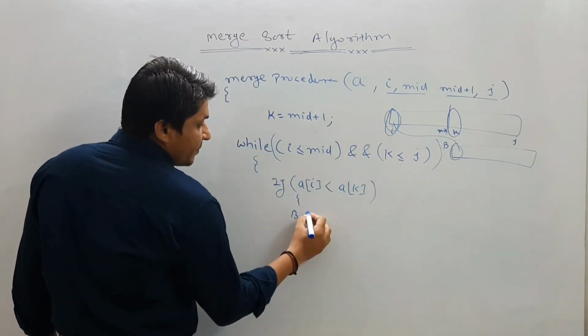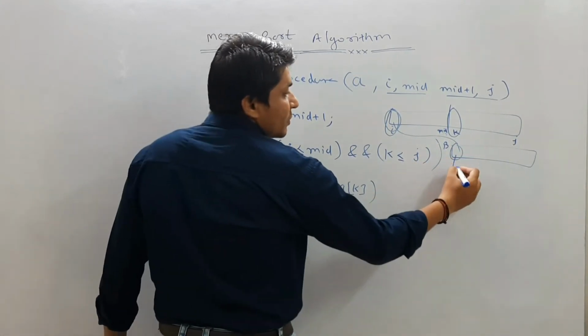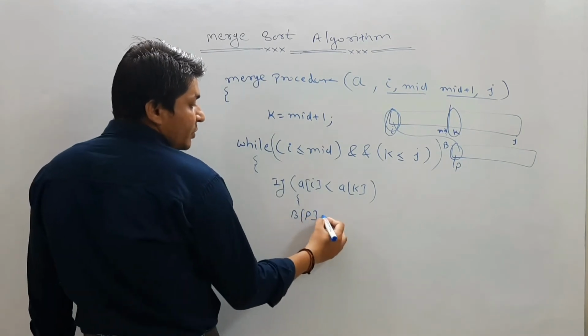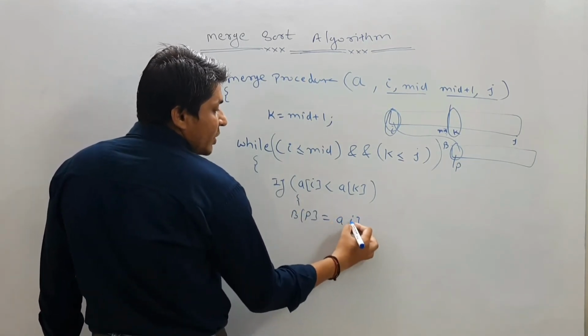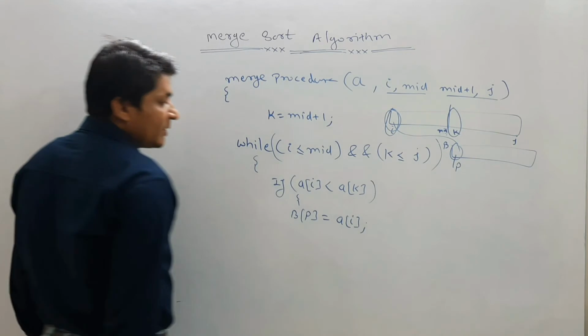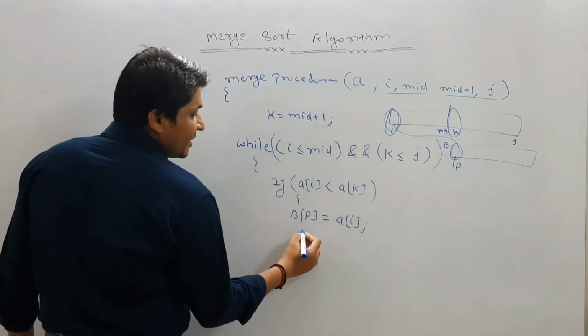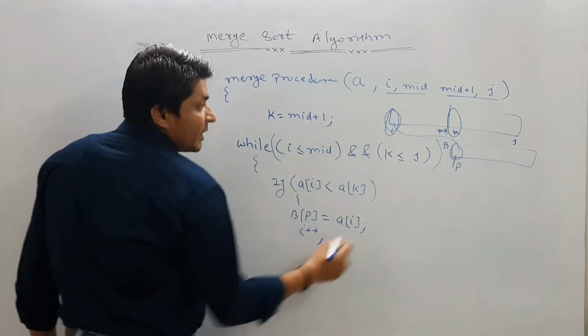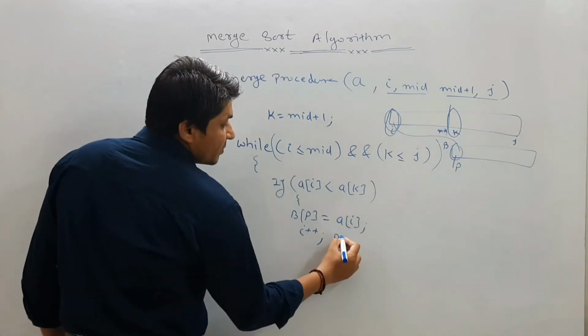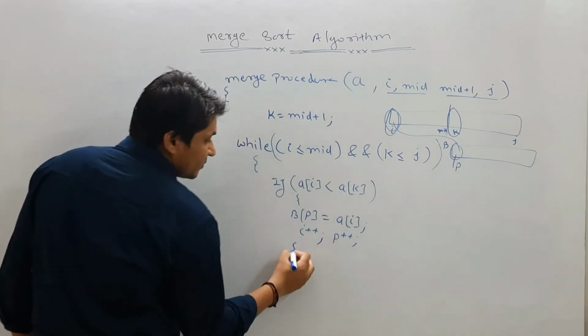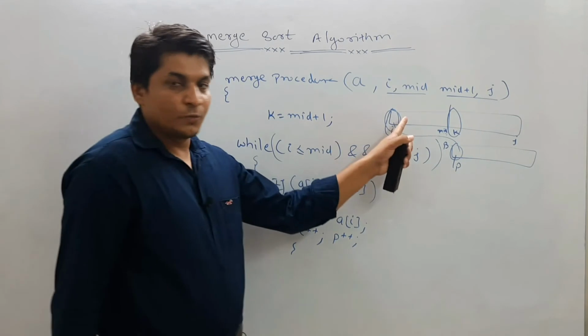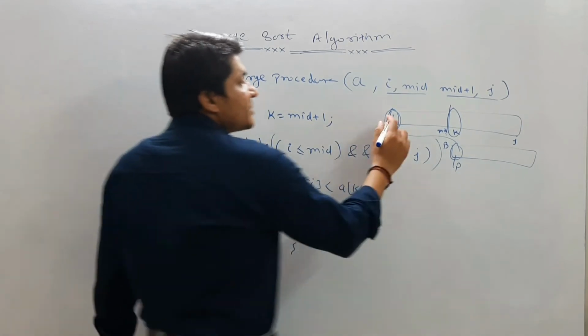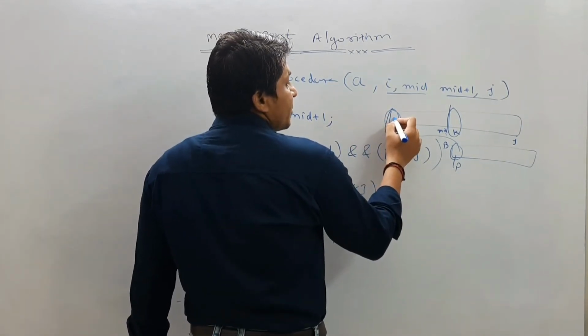So b of p is assigned a of I. So a of I is copied into this array, correct? Then you increment I, so I plus plus, and p plus plus also, correct?